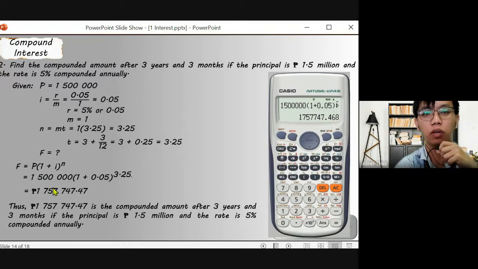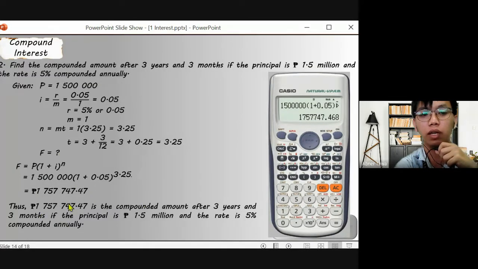So yan na yung nilakin ng kanyang pera after 3 years and 3 months. So yung 1.5 million niya nagiging around 1.7 million. So that will be the compounded amount.